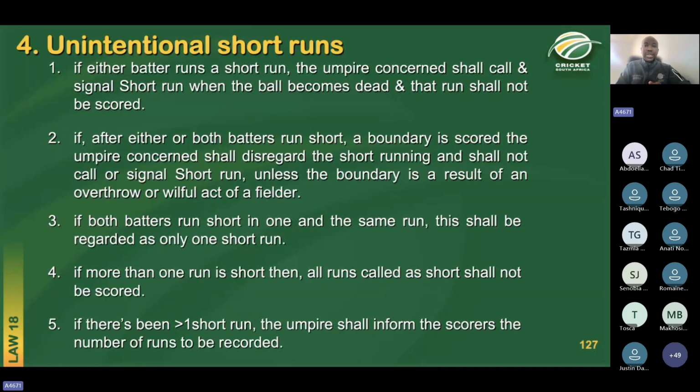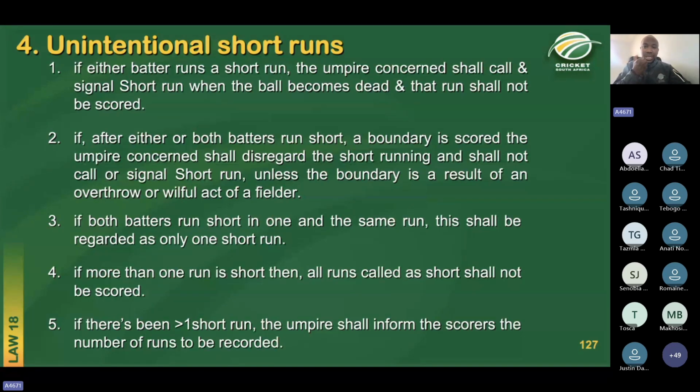At provincial cricket, we have radios where we can communicate to the scorers that on this particular delivery, they attempted 3 runs, but 2 of them were short, so only 1 run was complete and only 1 run should be scored.